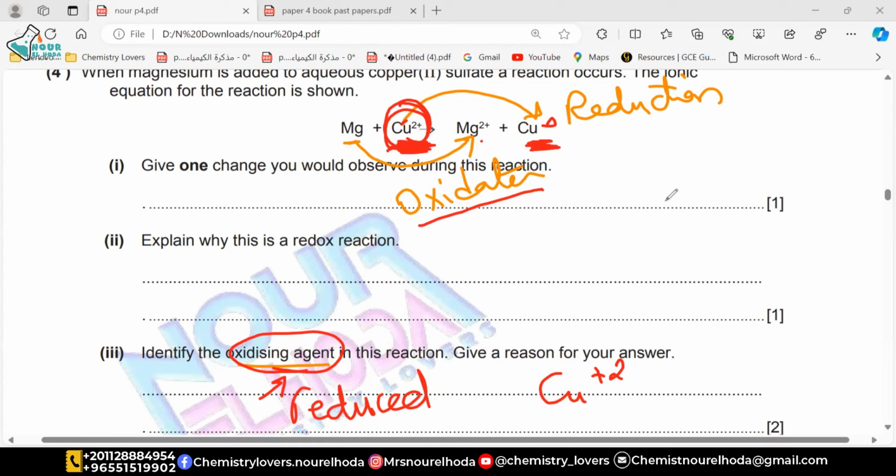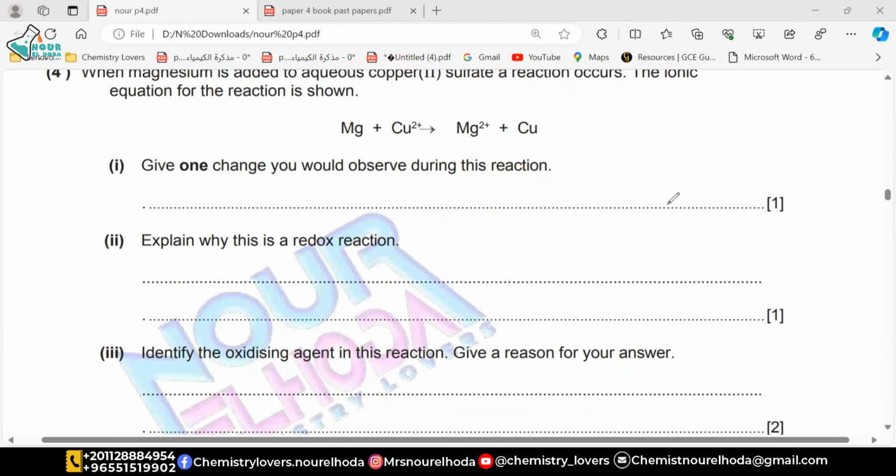It was copper positive 2 and it changed to copper, so this is reduction. So I'm going to say copper positive 2. What's the reason? Because it is reduced, or because it gained electrons. This is the reason. Bravo, correct. This is how you have to do it.